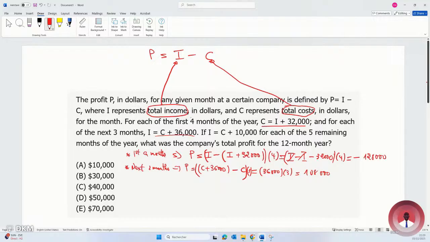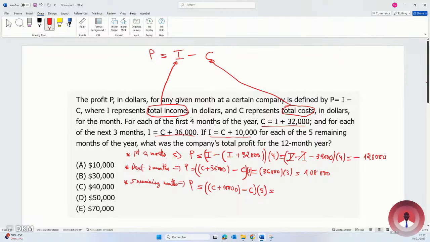And then we have, if I is equal to C plus 10,000 for each of the 5 remaining months, P is equal to... So we are going to do the same, replace the value of I by C plus 10,000 and then minus C here, and the whole multiplied by 5 because it says 5 remaining months.